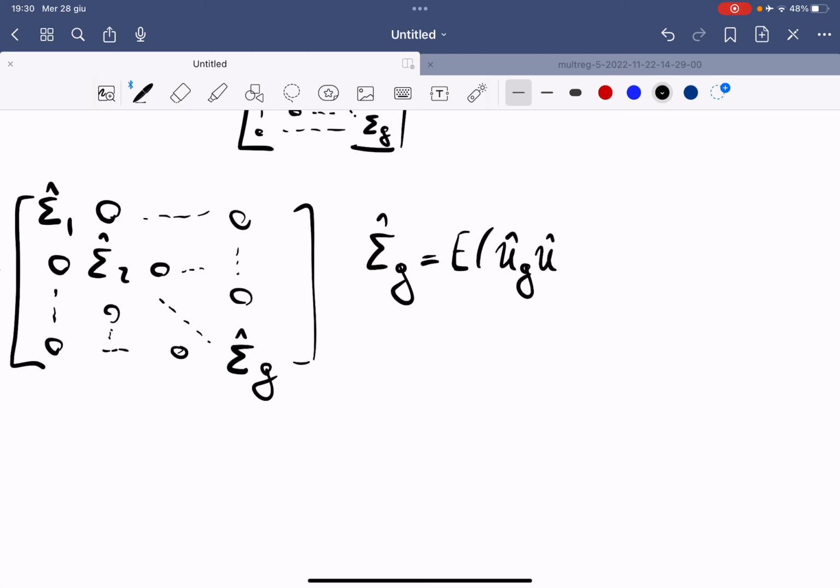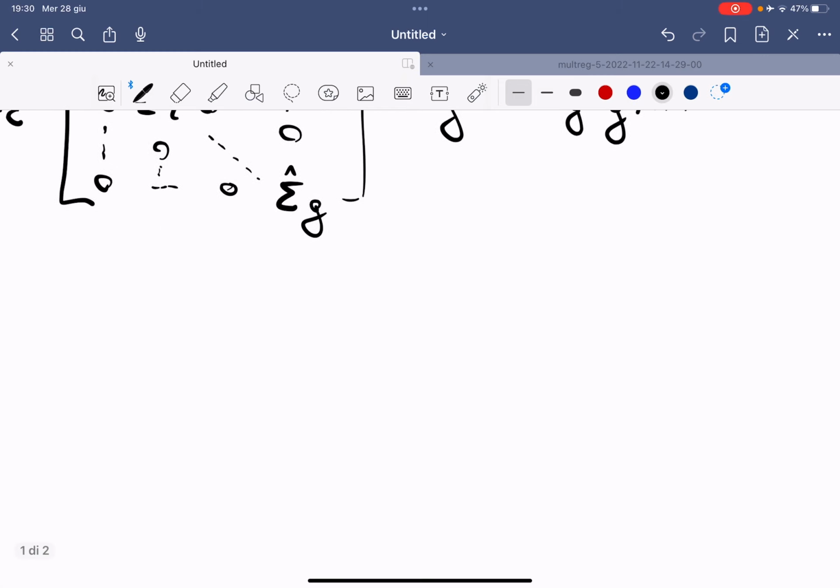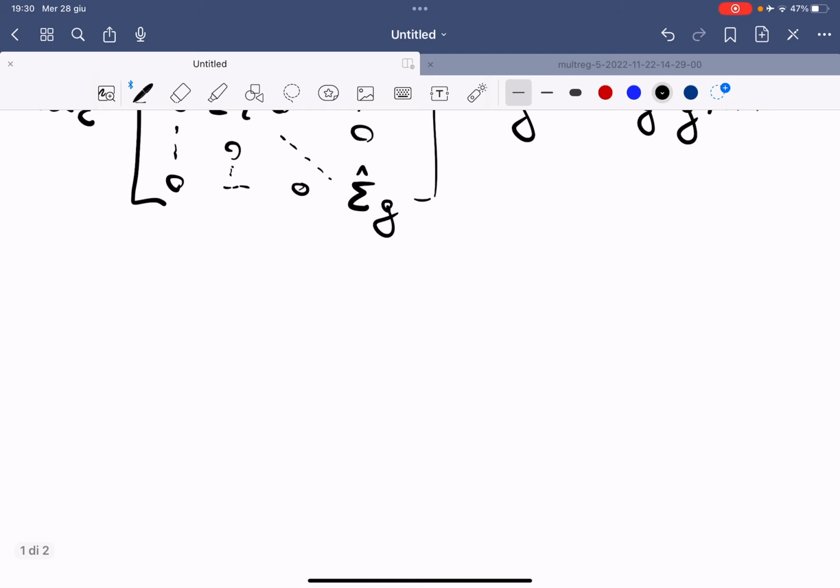So the estimated sigma_g will be equal to the expected value of the product of estimated u_g times estimated u_g transposed given x.